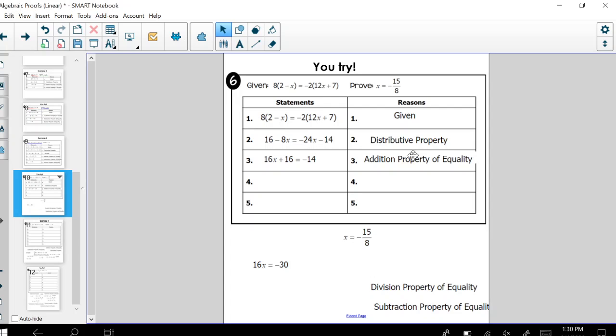Now we're back down to a two-step equation, so my next step here is going to be to subtract 16 from both sides so I can get rid of that, which would be my subtraction property of equality since I subtracted from both sides.